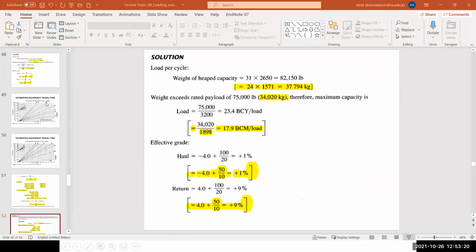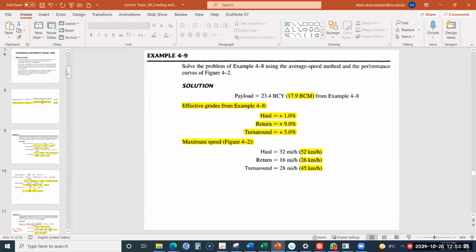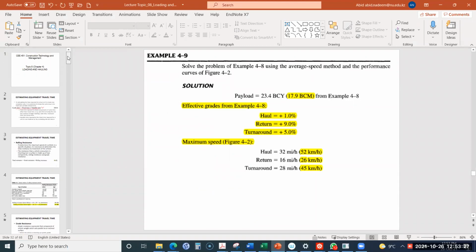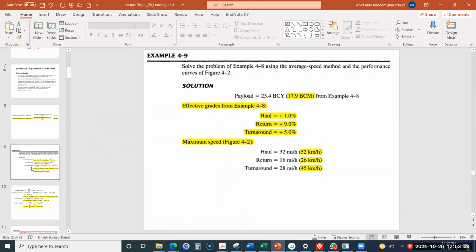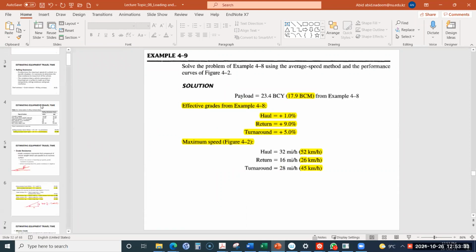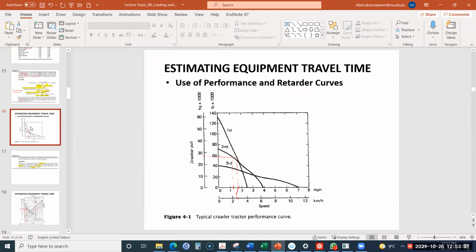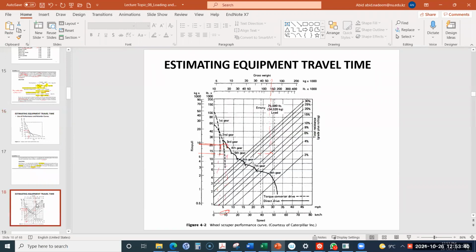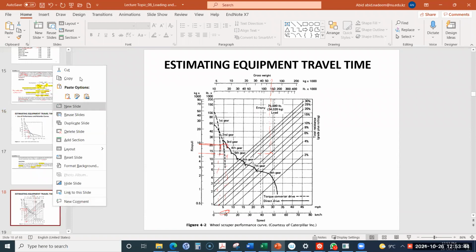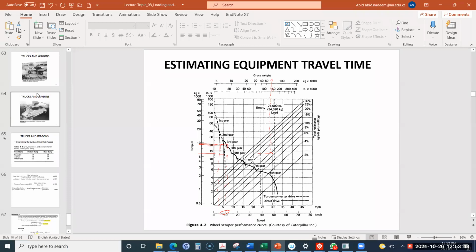So we will have to go back to figure 4-2. What was figure 4-2 before? This figure is also for the wheel scraper. I will copy and paste it over here.